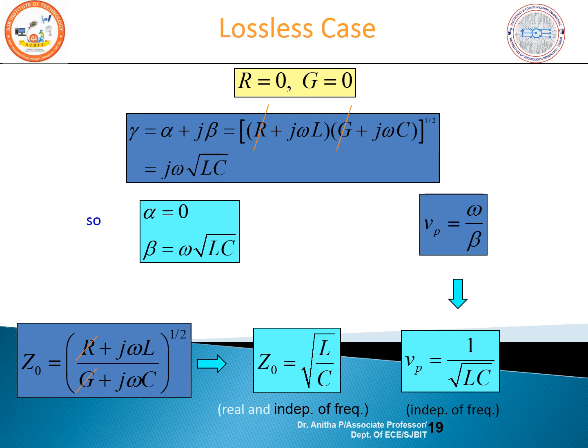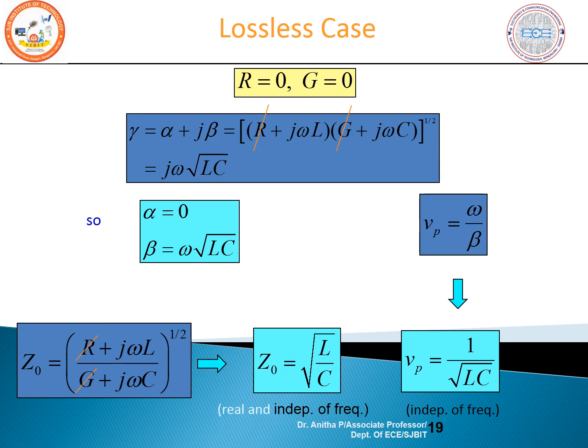So the alpha value becomes 0, we have only the beta term, and phase velocity becomes omega by beta, which you can represent as 1 by root LC. You can say that the phase velocity in this case is independent of frequency. It does not vary with respect to frequency. Only L and C values determine the phase velocity.